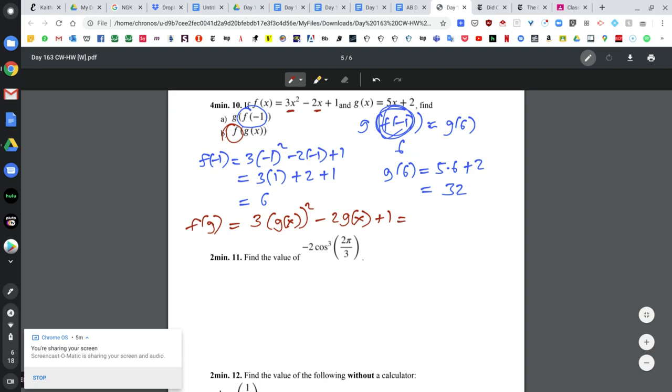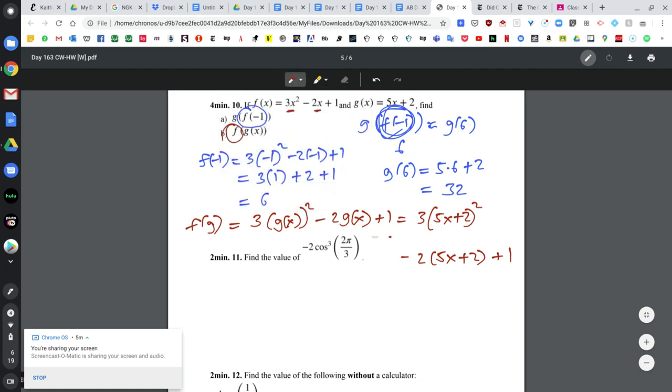So we can substitute and we get 3 times (5x plus 2) squared minus 2 times (5x plus 2), plus 1. See if you can simplify this yourselves.